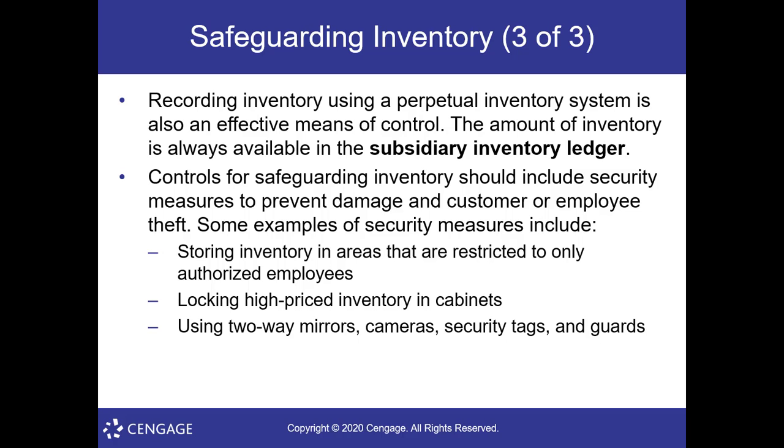So inventory can be accounted for in one of two main methods, and that is perpetual or periodic. Perpetual inventory is every time an item is received or an item is sold, the inventory quantity gets updated.